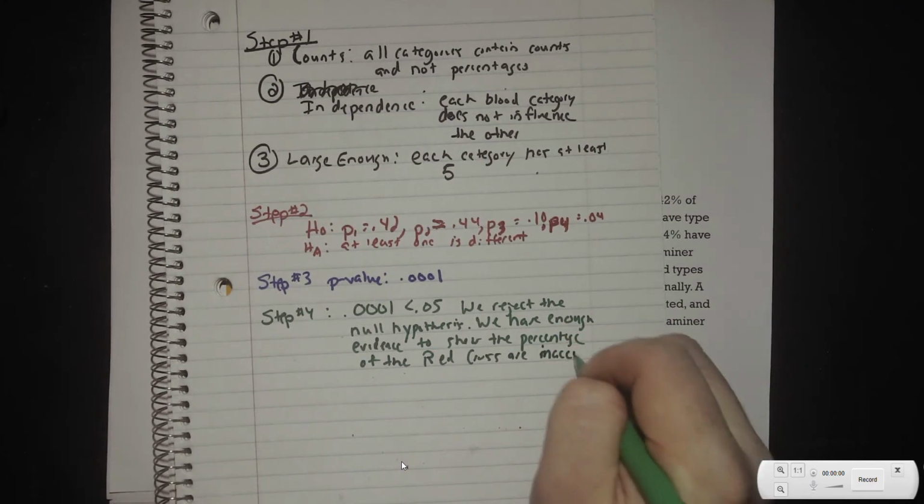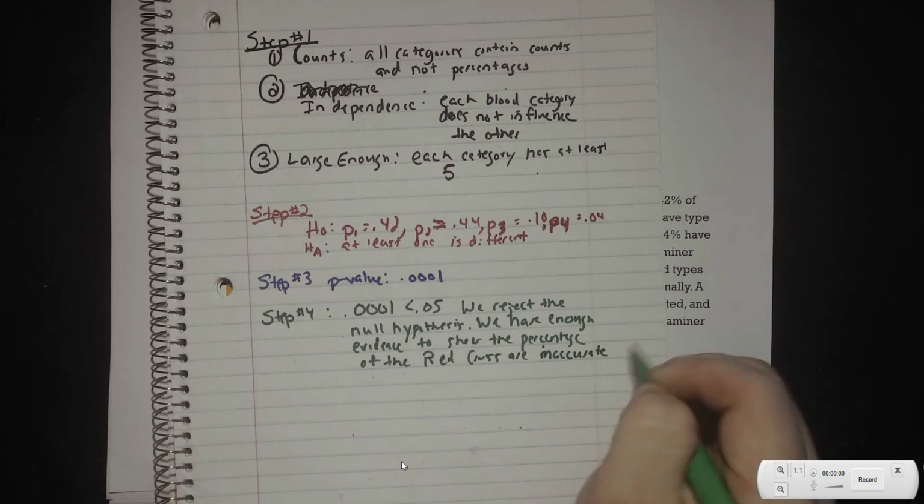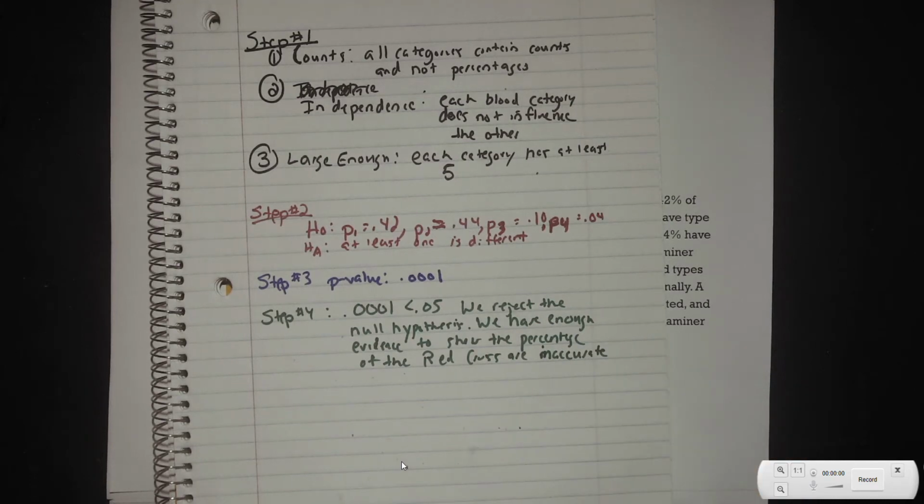It's a goodness of fit test. The original thought process is inaccurate. We've shown it with our own proof. Now, just like always with all of these tests, you can always have a type 1 and type 2 error. But with a p-value of 0.0001, it's probably not going to be that inaccurate.